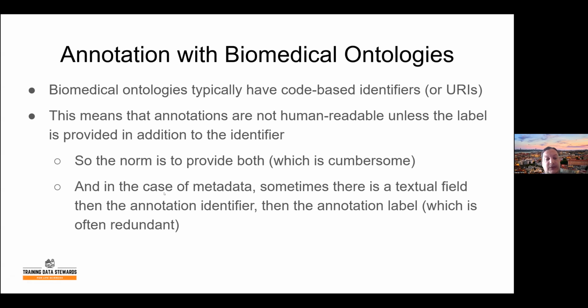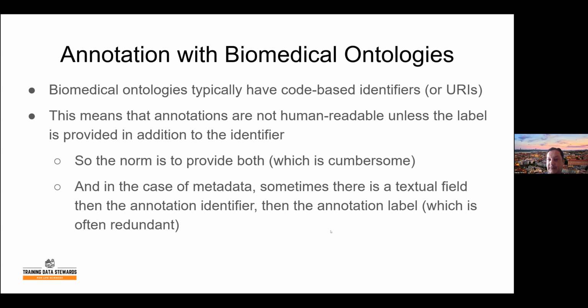In the case of using ontologies for annotating metadata, the process is even weirder sometimes, because in many cases there is a textual field that is the basis for the annotation, and then the annotation identifier, and then the annotation label. But often the annotation label is exactly the same as the textual field. So this often generates redundancy.